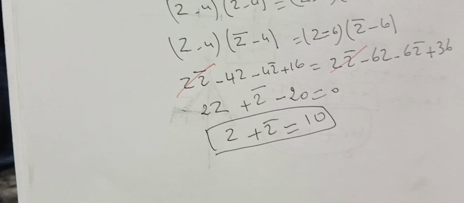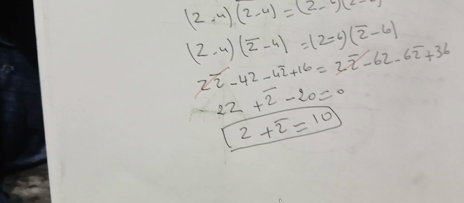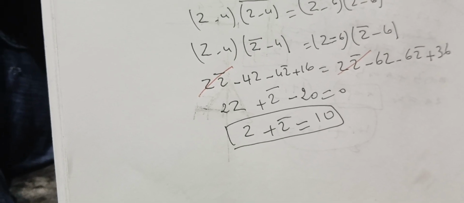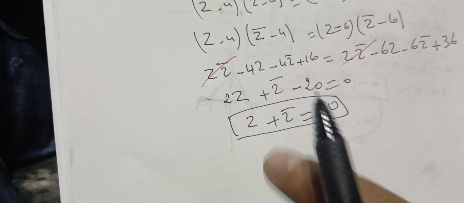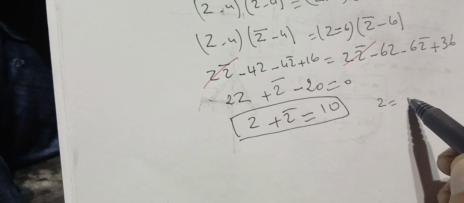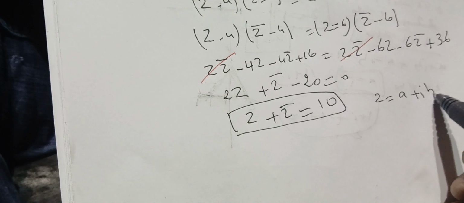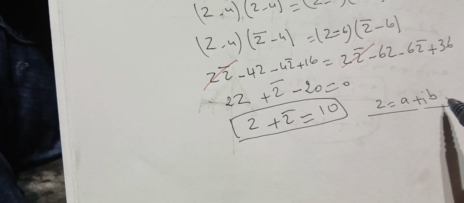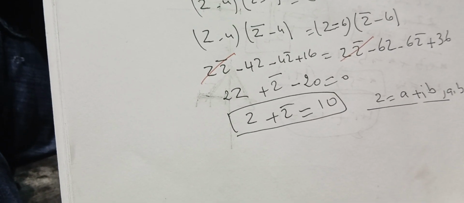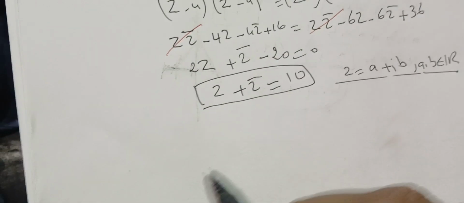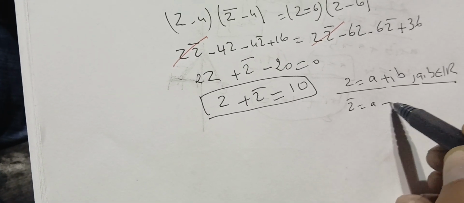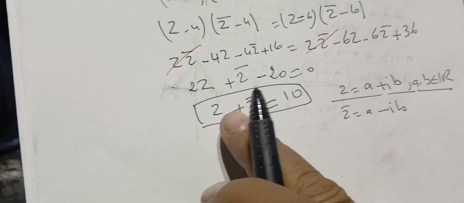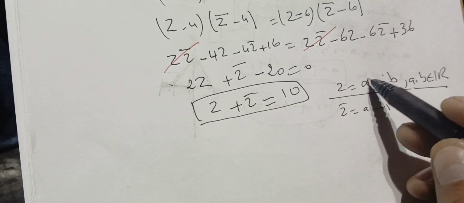Now we can use the algebraic form of z. So z can be written as a plus ib, with a and b real. What do we get? z bar is a minus ib, so z plus z bar is 2a.